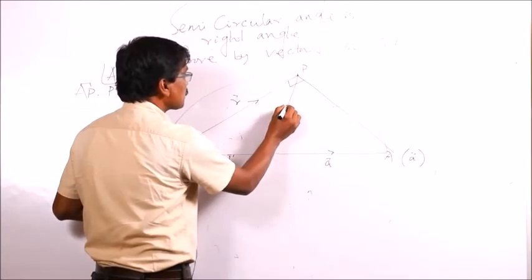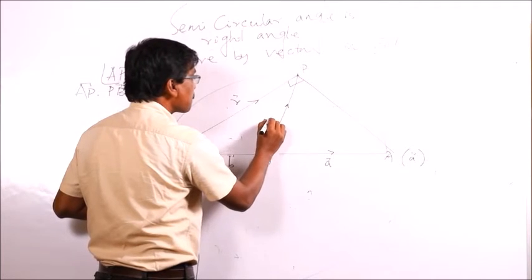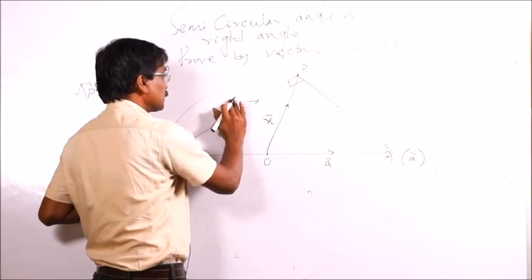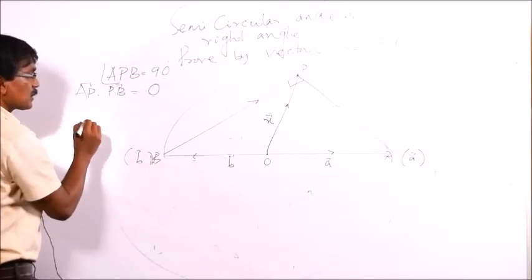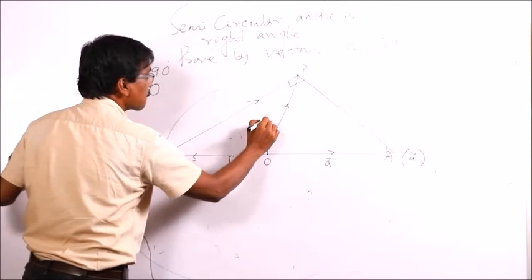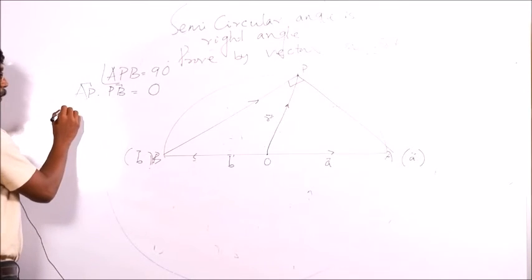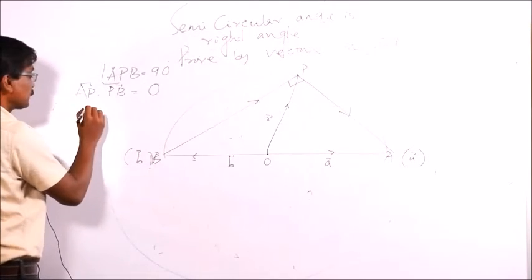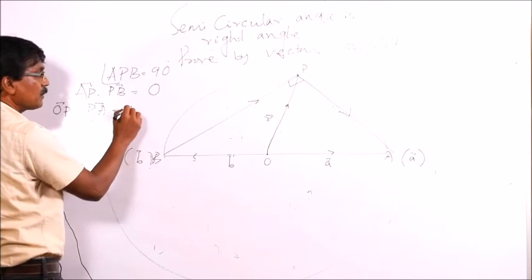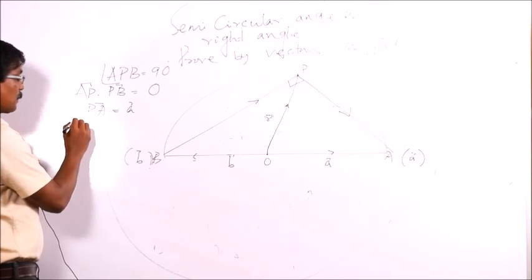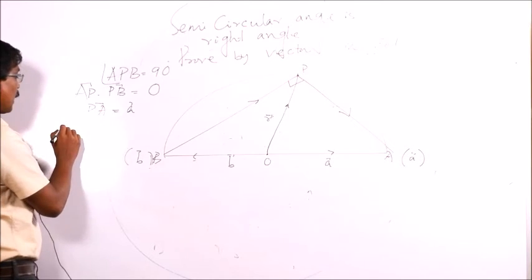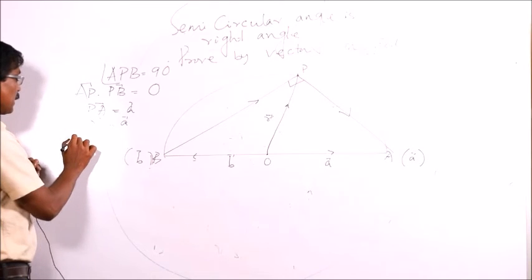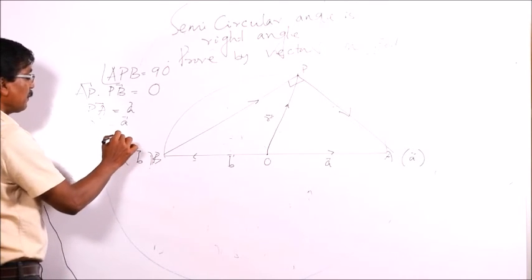So here this is the R vector. So OP vector plus PA vector is equal to A vector. So R vector plus PA vector is equal to A vector. So PA vector is equal to A minus R vector.